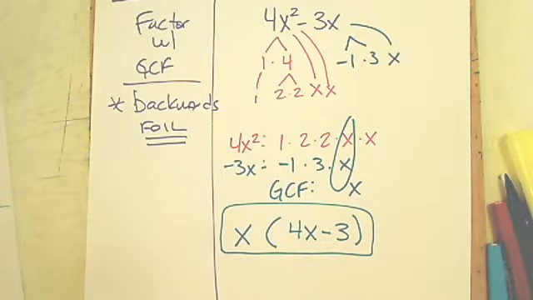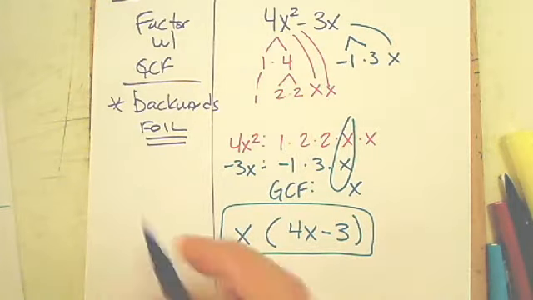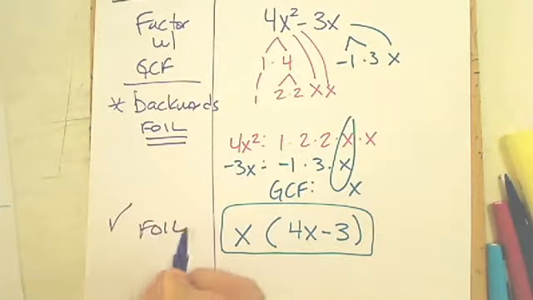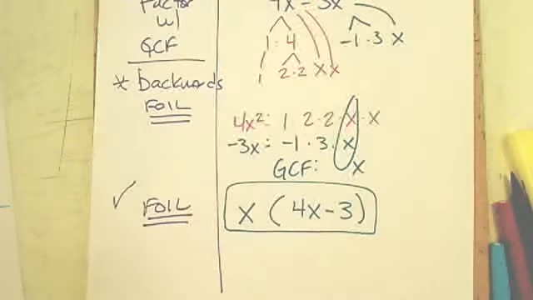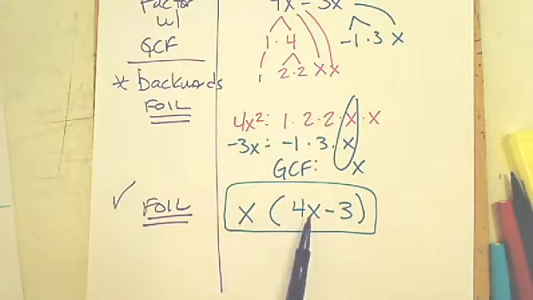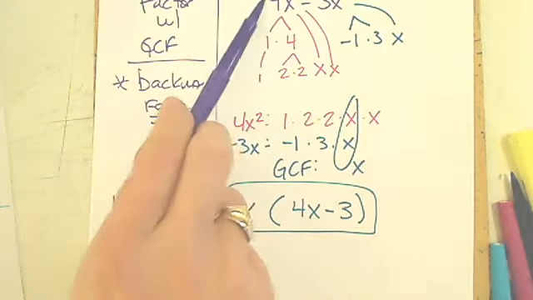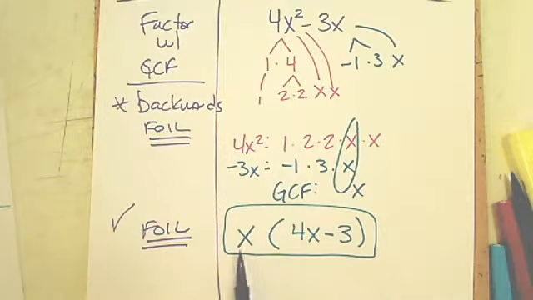You should not miss any of these problems because you would check by FOIL, just a mental FOIL in your head. X times 4x is 4x squared. X times negative 3 is negative 3x. I know that's correct. It's completely factored out. That's my answer.